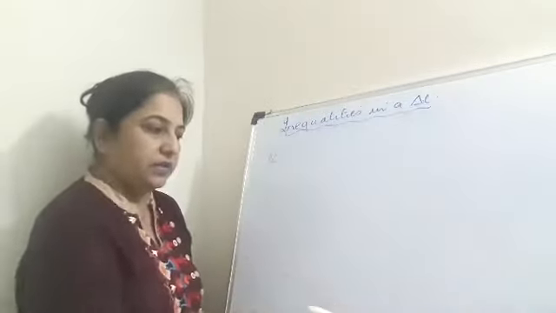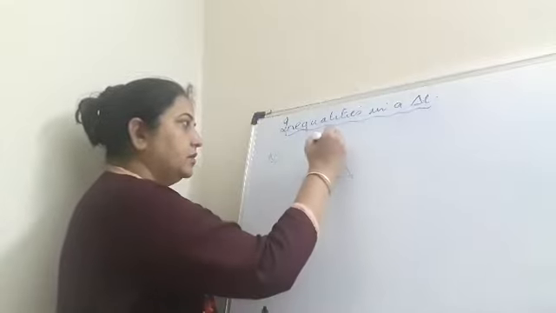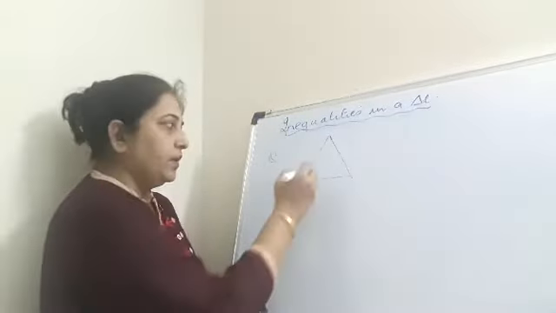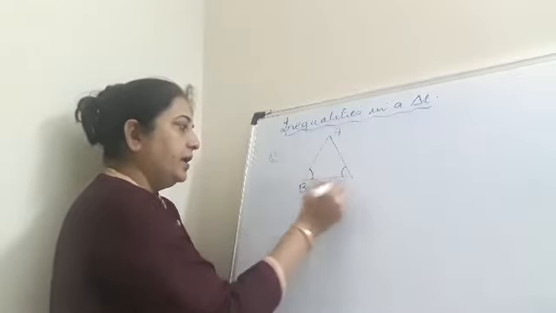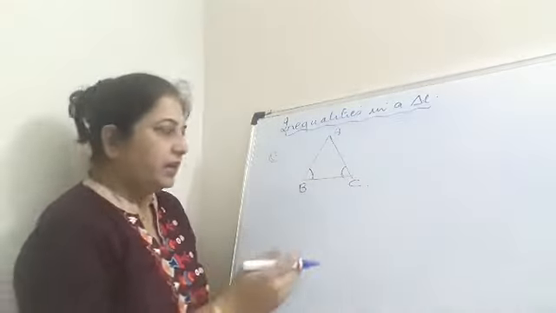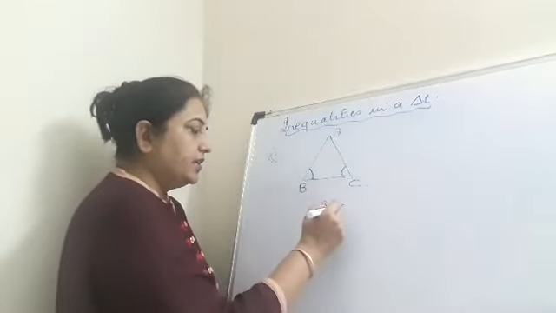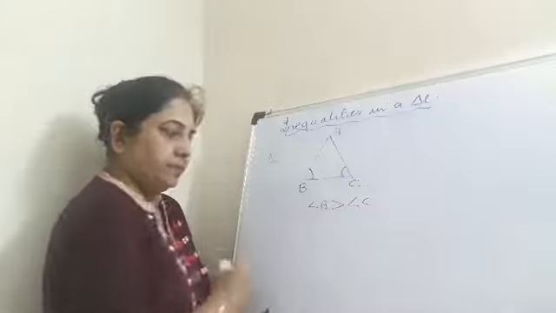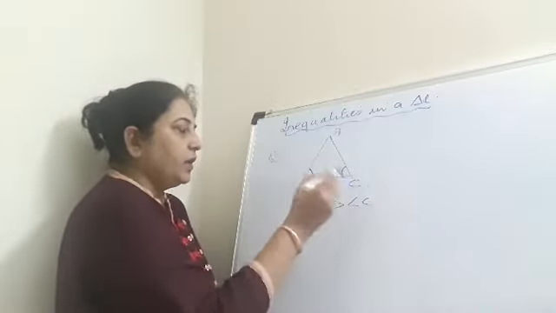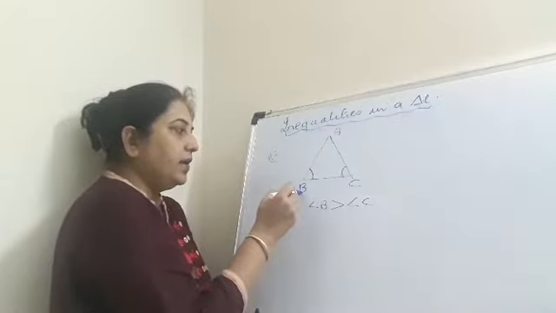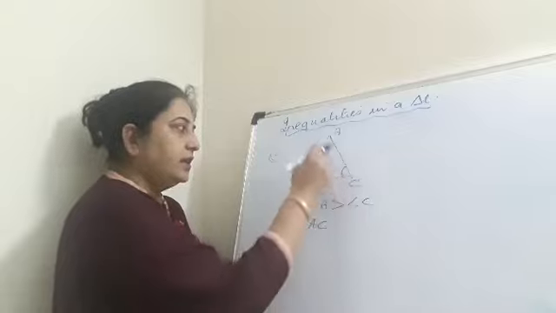The converse, or the reverse of it. If in a triangle ABC, I consider that angle B is greater than angle C, what is the side opposite to angle B? AC. And what is the side opposite to angle C? AB.